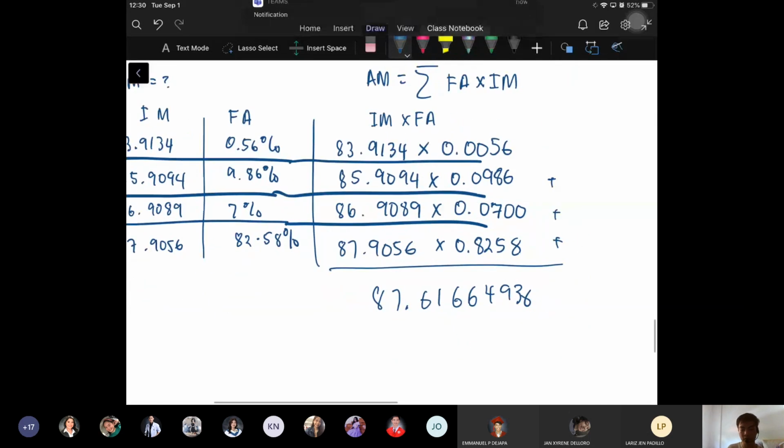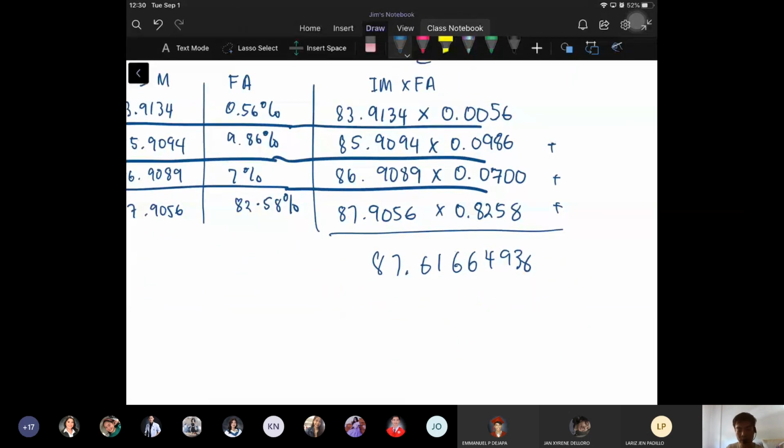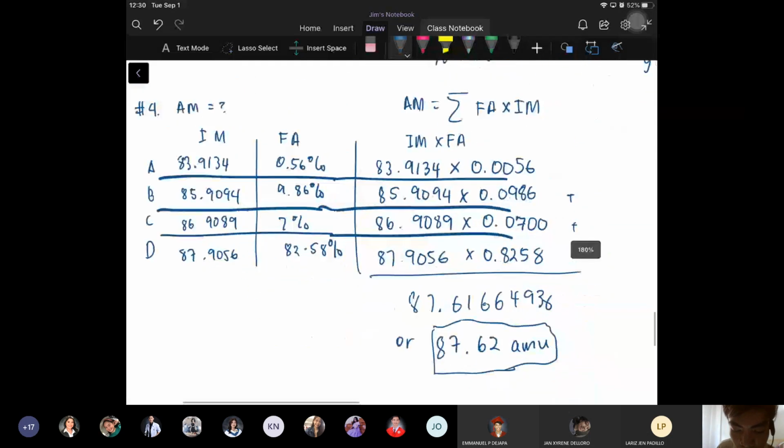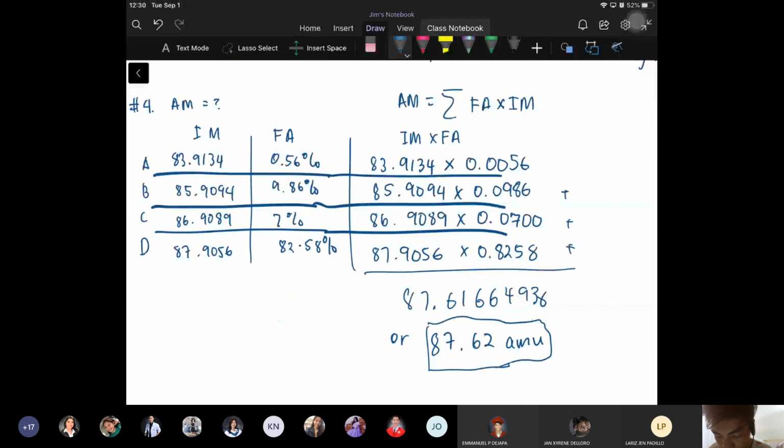Or we can round this off to 2 decimal places na lang, no? Or 87.62. So that is the average atomic mass unit, no? For the number 4 question. Okay, so tama si Kevin, no?